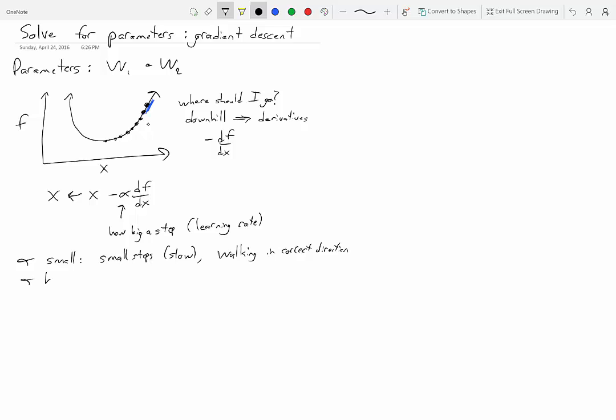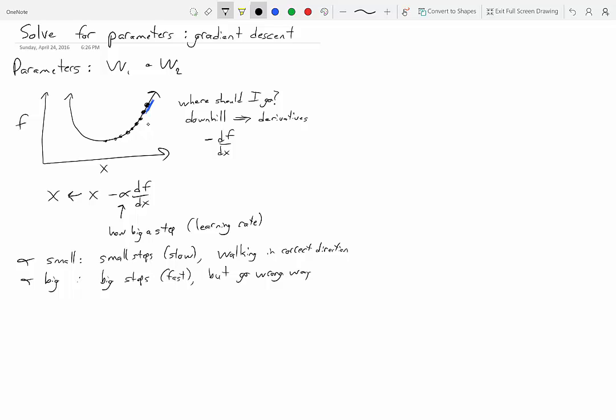Now, when alpha is big, you'll get big steps. This is faster, but you might walk in the wrong direction. So this is a hyperparameter that you'll have to tune. And there are many algorithms that talk about how to choose the correct alpha, which we're not going to get into.